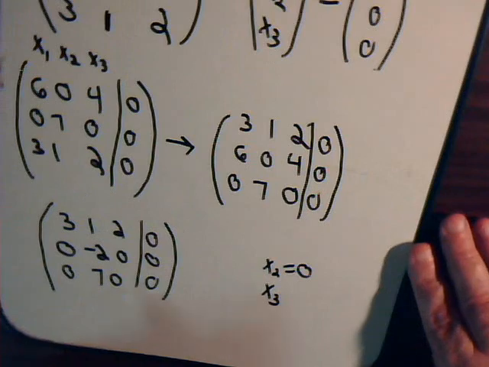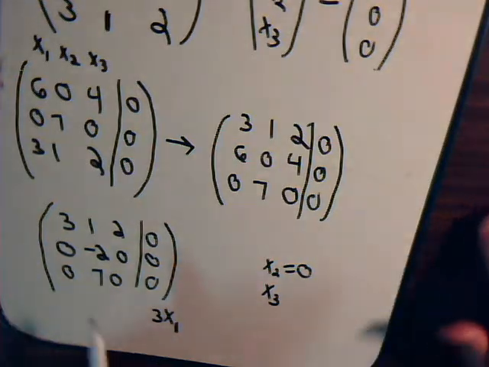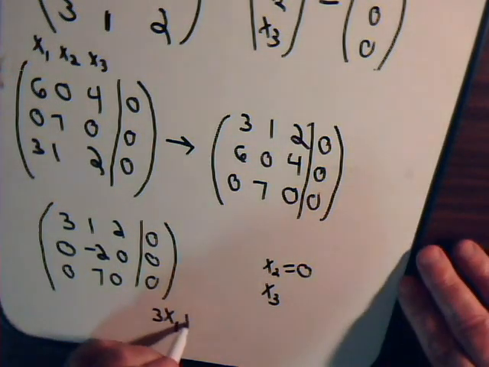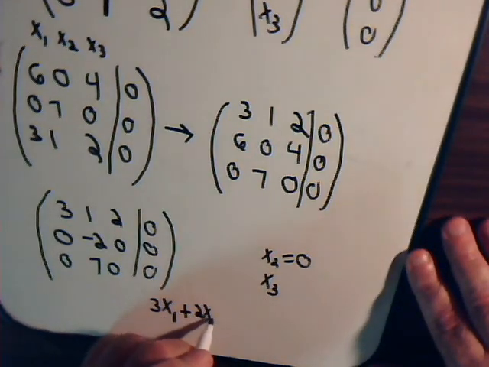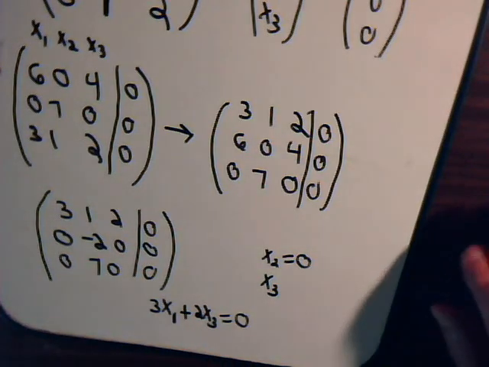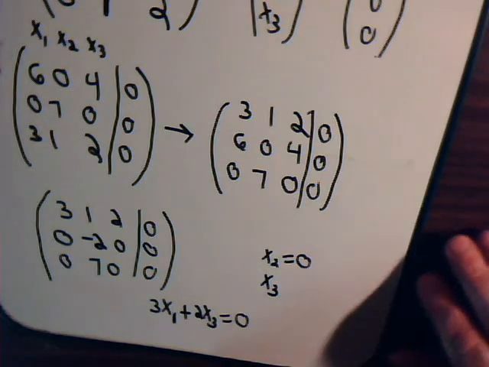And then up here we have 3 times x1 plus x2, but that's 0, plus 2x3 equals 0. So bring this over to here, and we have x1 equals minus 2/3 x3.